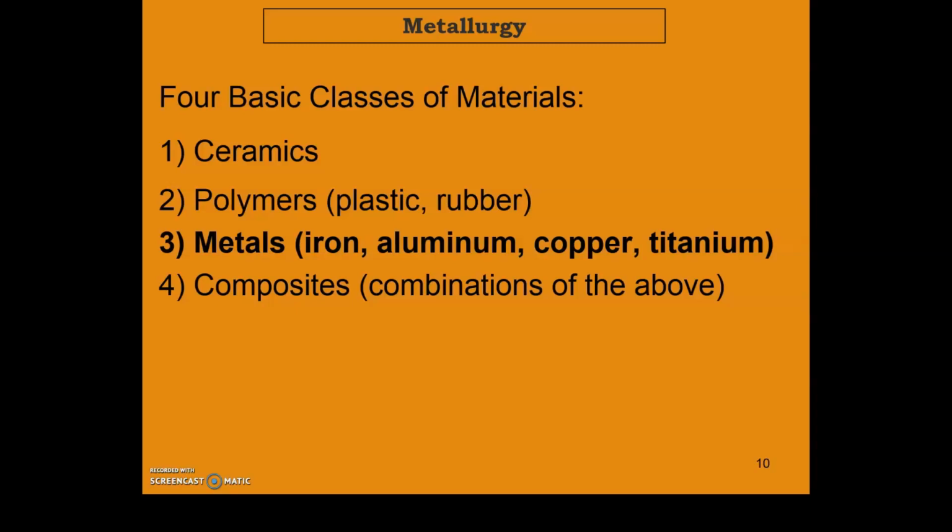Graphite. Diamond. Composites. Reinforced plastics. Metal matrix composites. Ceramic matrix composites. We have sandwich structures and concrete. Each of these general groups will be discussed in more detail in the following slides.